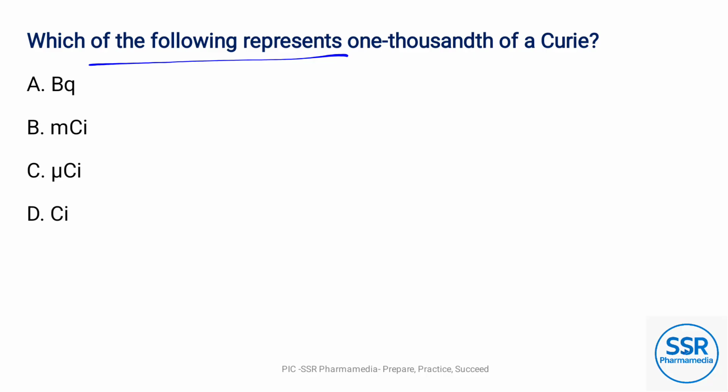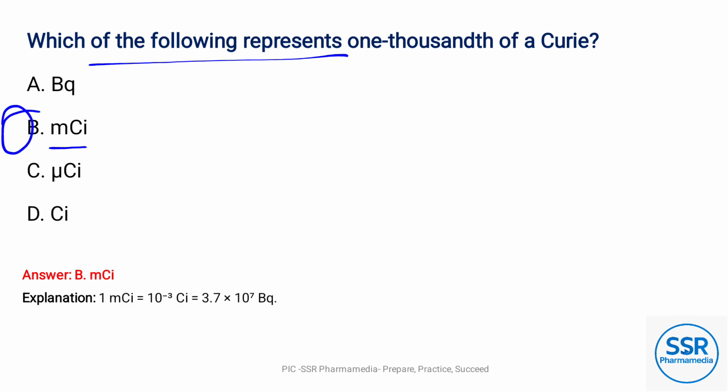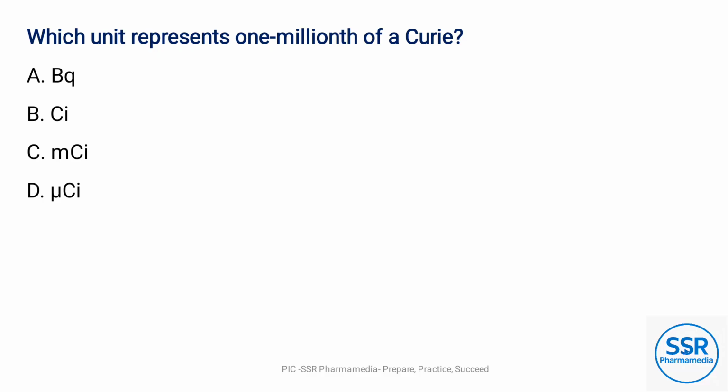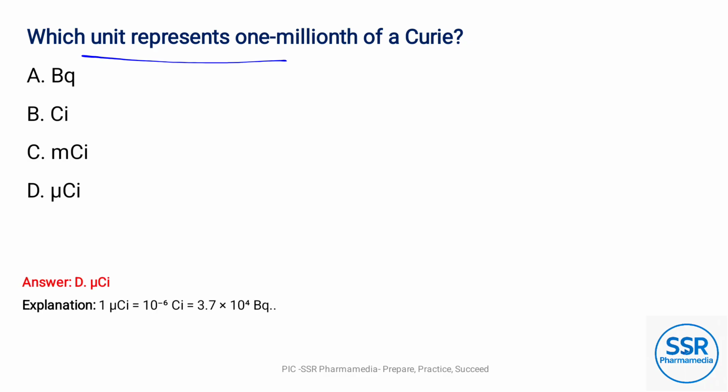Which of the following represents one thousandth of a curie? Option B, millicurie. Which unit represents one millionth of a curie? Option D, microcurie.